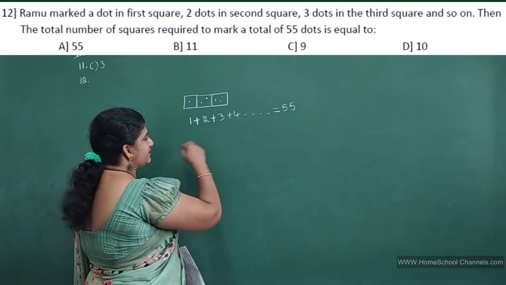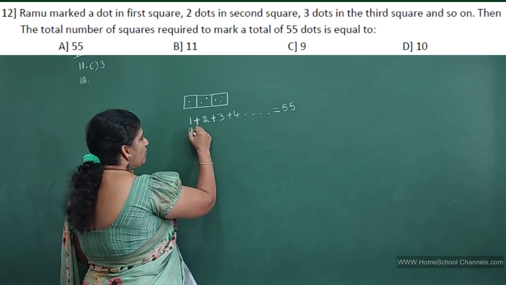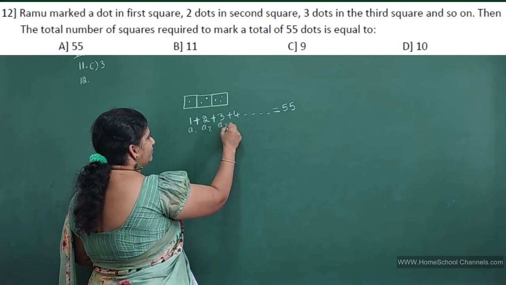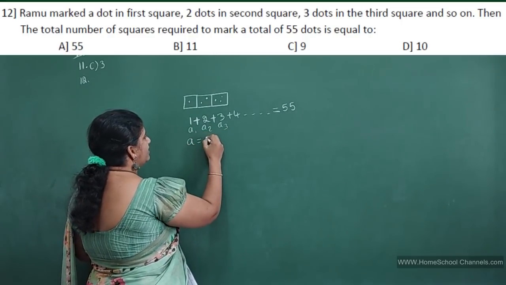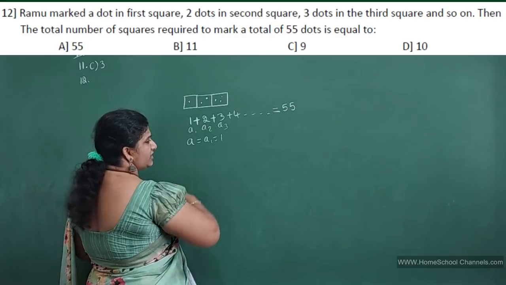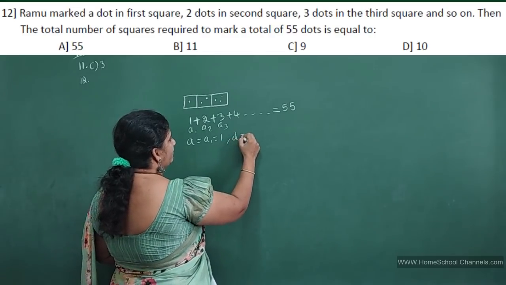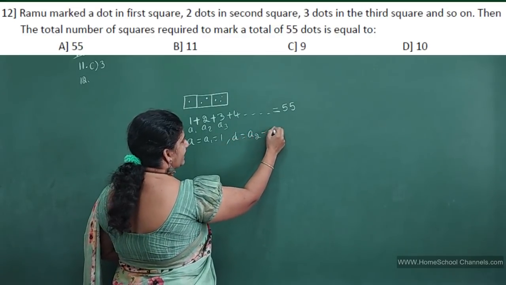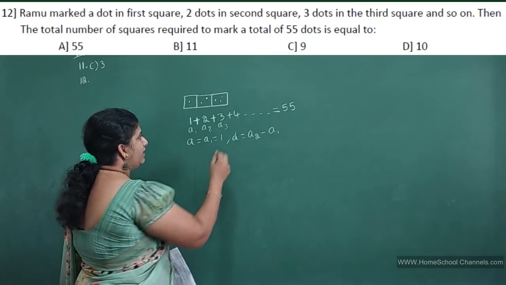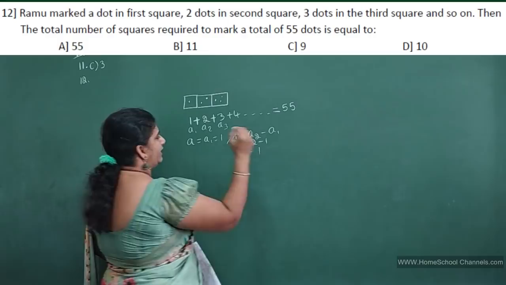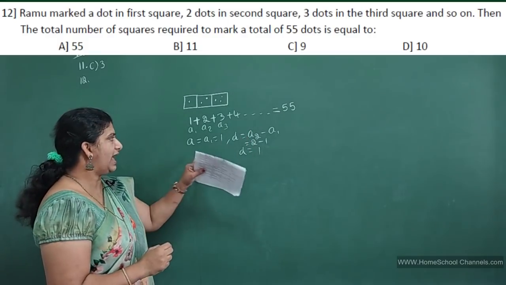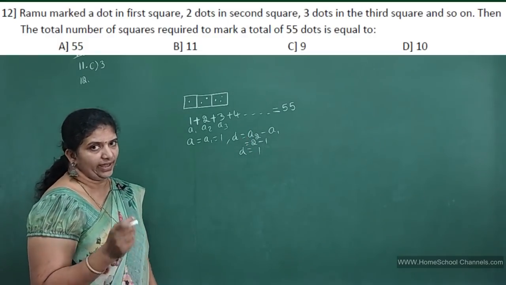For the given series, mark a1, a2, a3, and so on, and find the first term and common difference. a is equal to a1 is equal to 1. And the common difference d is equal to the second term minus the first term, a2, 2 minus 1 will be 1. Common difference is 1 and the first term value is 1.